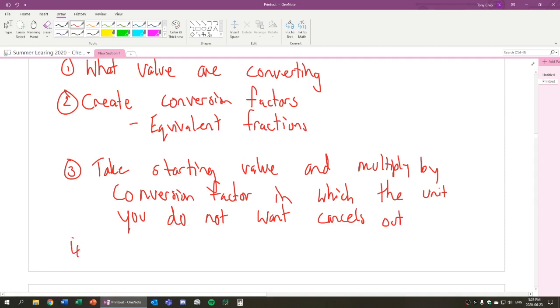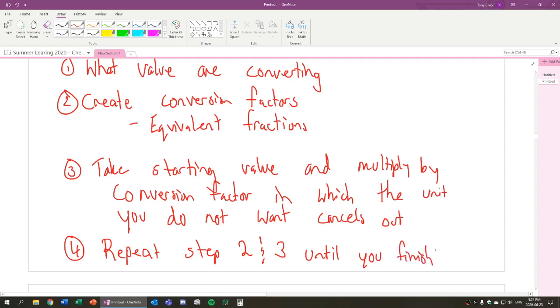And last but not least, step 4, repeat steps 2 and 3 until you finish converting. So let's practice that. Let's practice what that looks like.